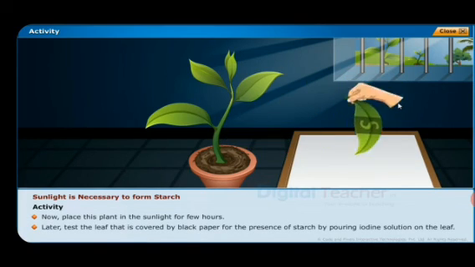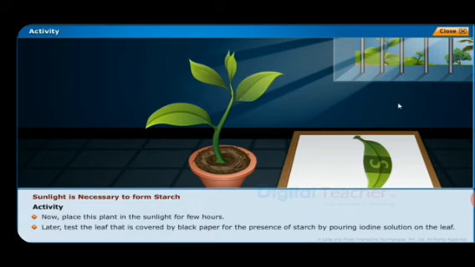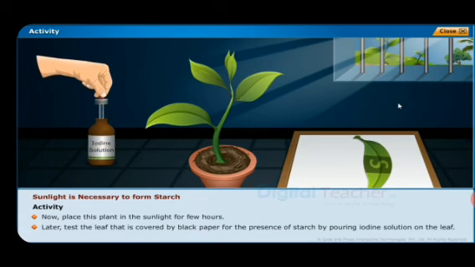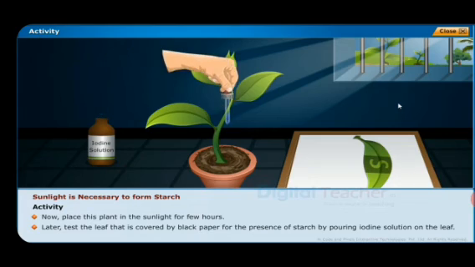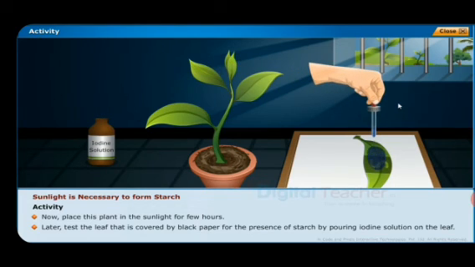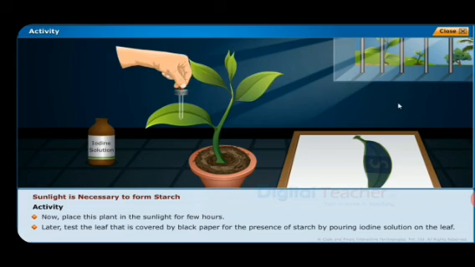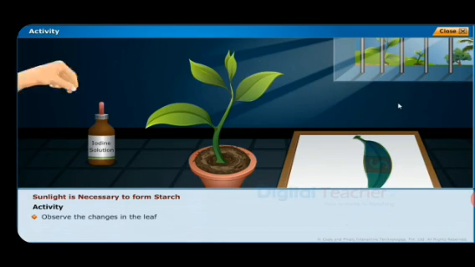Later, test the leaf that is covered by black paper for the presence of starch by pouring iodine solution on the leaf. Observe the changes in the leaf.